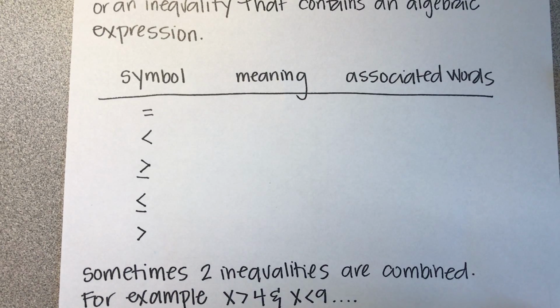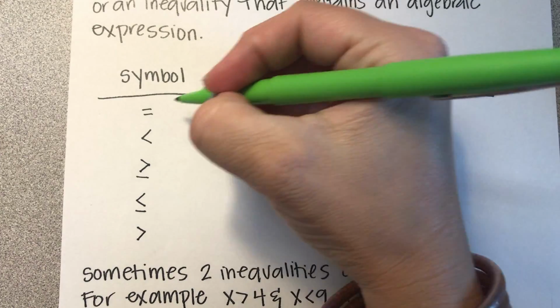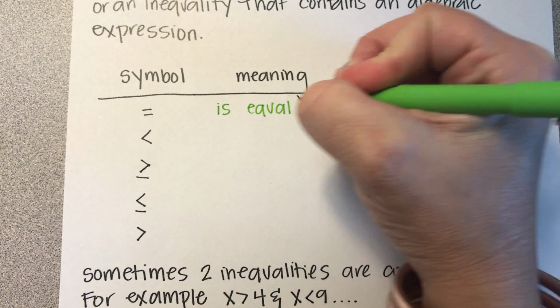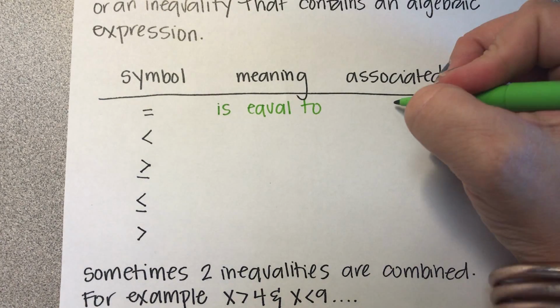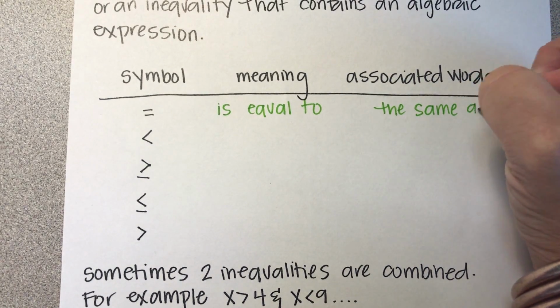Okay, so down here, we're going to talk about these different symbols, what they mean, and then some words that are associated with them. So when you're taking word phrases and turning them into inequalities or equations, you'll have some kind of context clues here. So this first one means is equal to. Associated words would be like the same as.